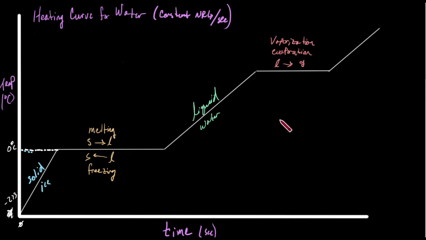And if we go the other way, if it's a gas turning into a liquid, what do we call this? This is condensation. And then up here we have gas, or water vapor.